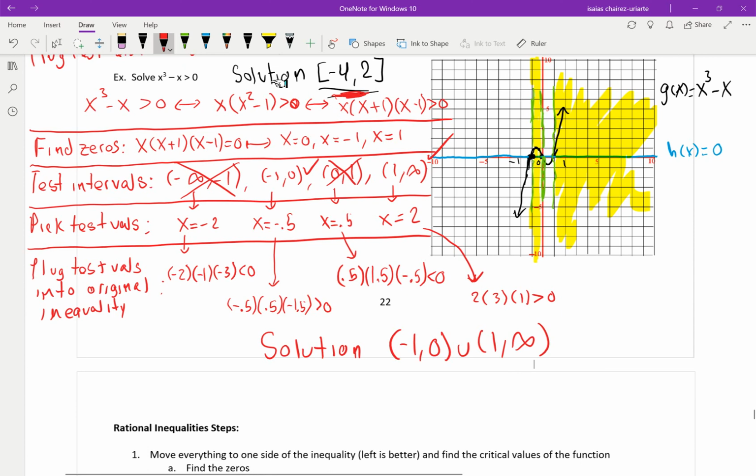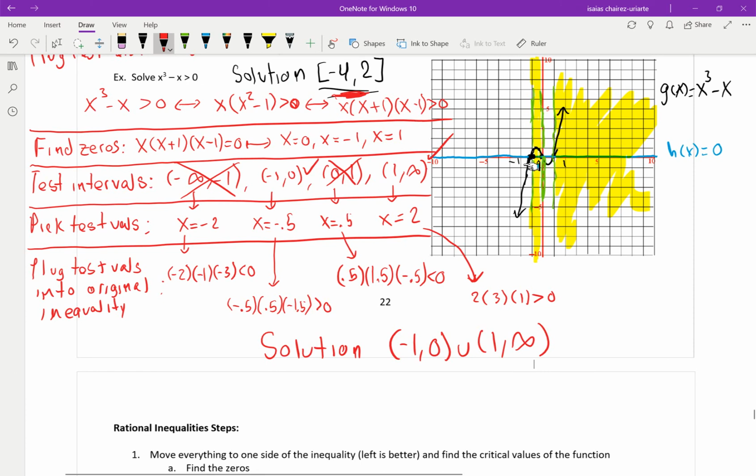Okay, and then on the right-hand side of the inequality, I have a very simple equation. The equation is just y equals 0, which is just a horizontal line. It's just the x-axis. And so what the inequality is asking you is, when is the cubic bigger than the horizontal line? Or when is the black cubic above the blue horizontal line?